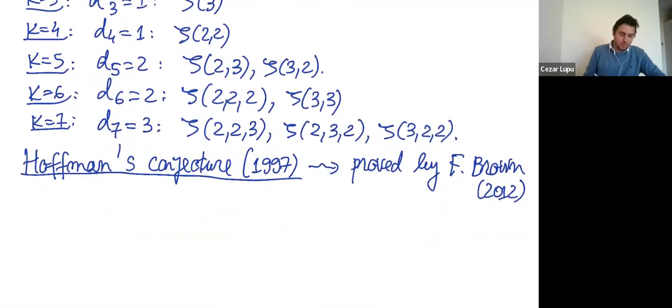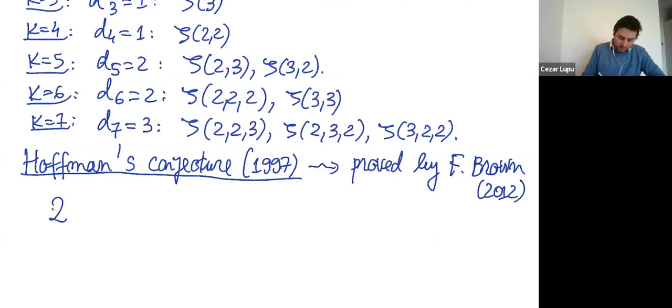Basically, the conjecture says the following: every multiple zeta value can be expressed as a Q-linear combination of multiple zeta values of weight k involving 2s and 3s, right?